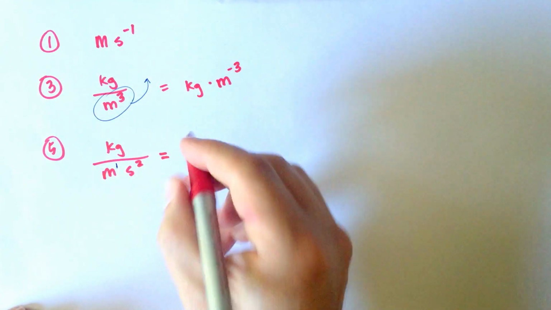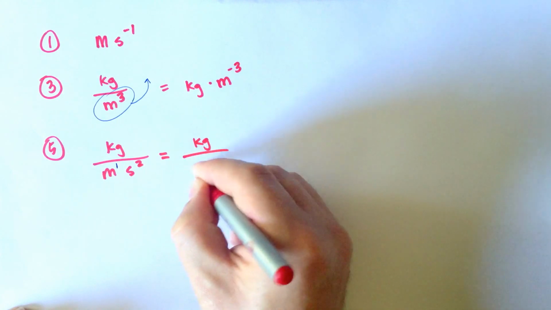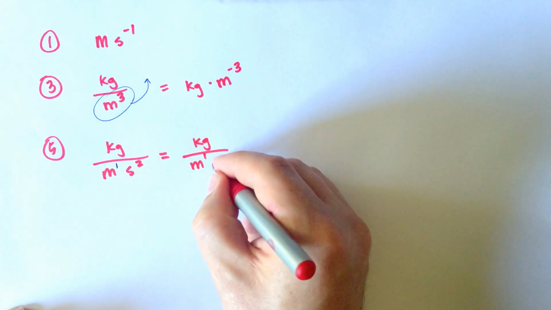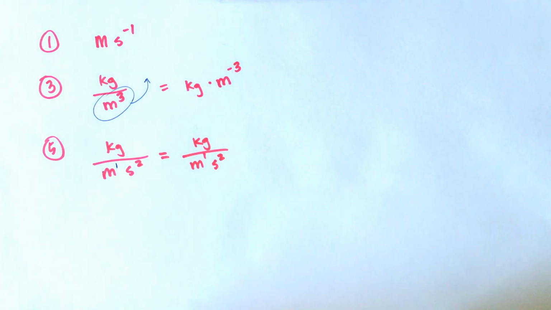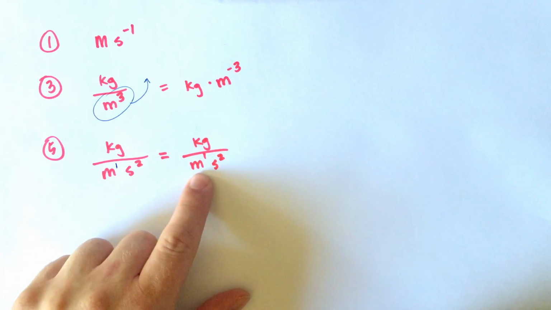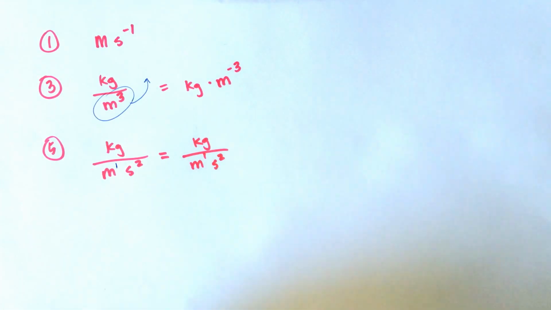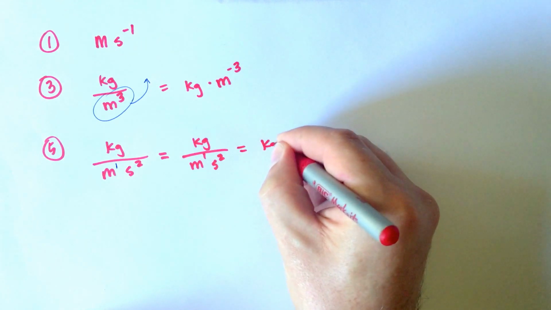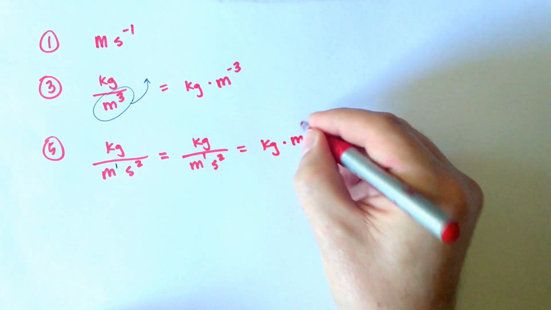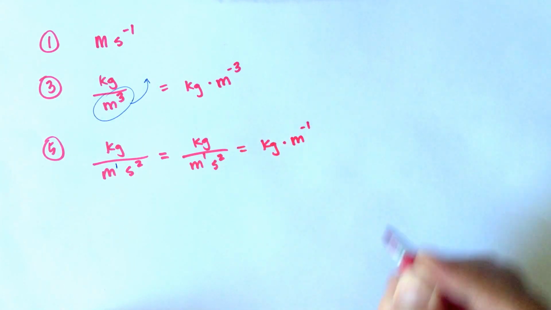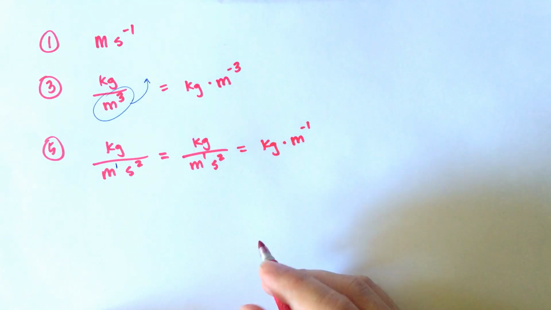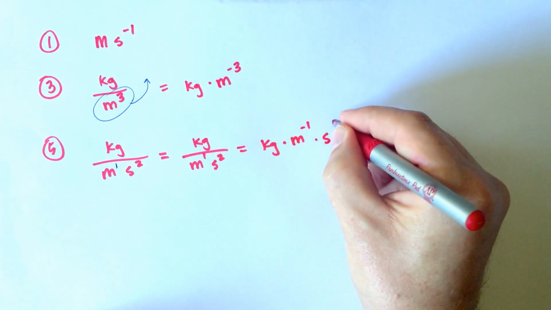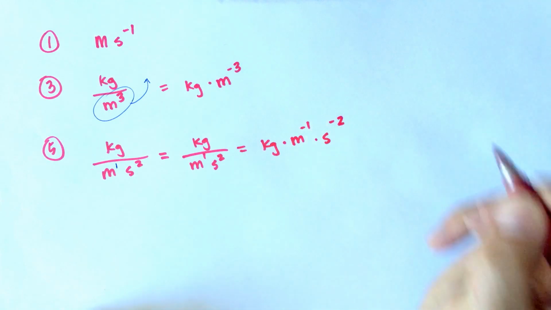So I can rewrite this as kilograms over meters to the +1 seconds to the +2. And if I want to move both the meters and the seconds squared out of the denominator, I just multiply and make those exponents negative. So kilograms times meters, instead of +1, now it's -1 to move it out of the denominator, times seconds, instead of +2, it's -2.